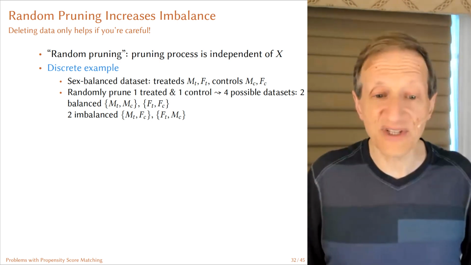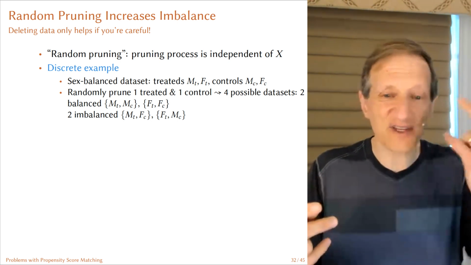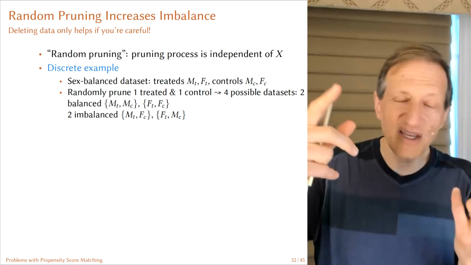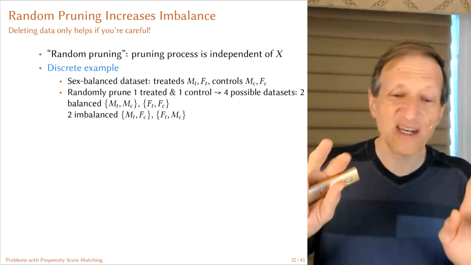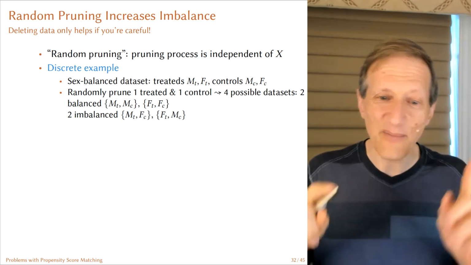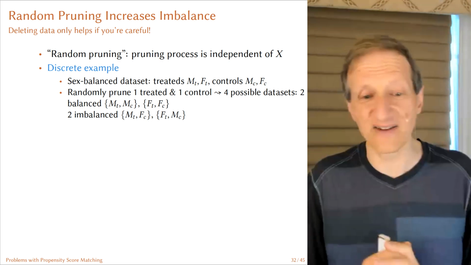There's four possible data sets. There's two that are balanced and two that are imbalanced. That is, if there's male and female, then you could delete the two. Anyway, there's two males, and you could wind up with two males and two females, or you could wind up with a male and a female and a female and a male. So there's two balanced and two imbalanced.